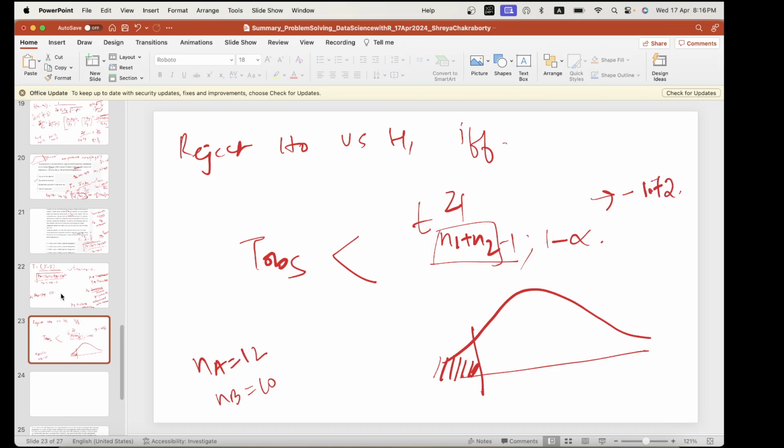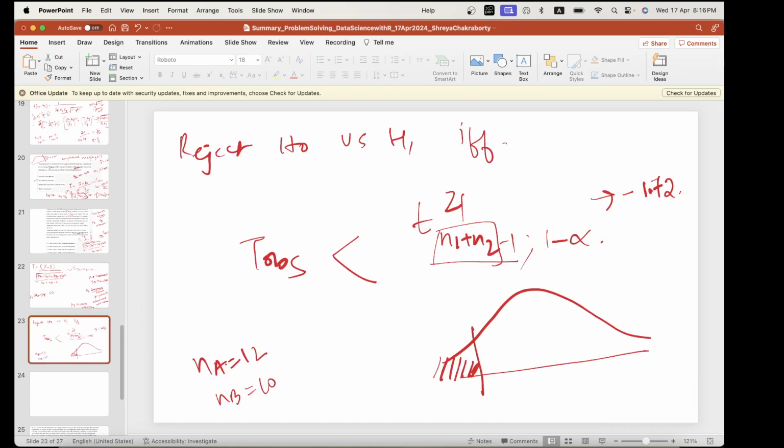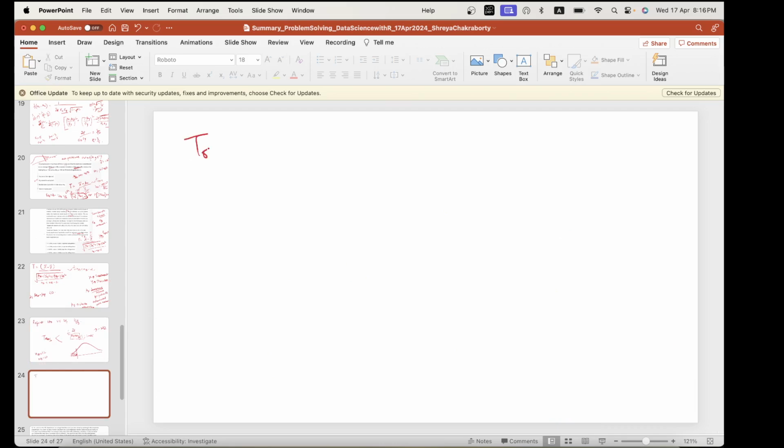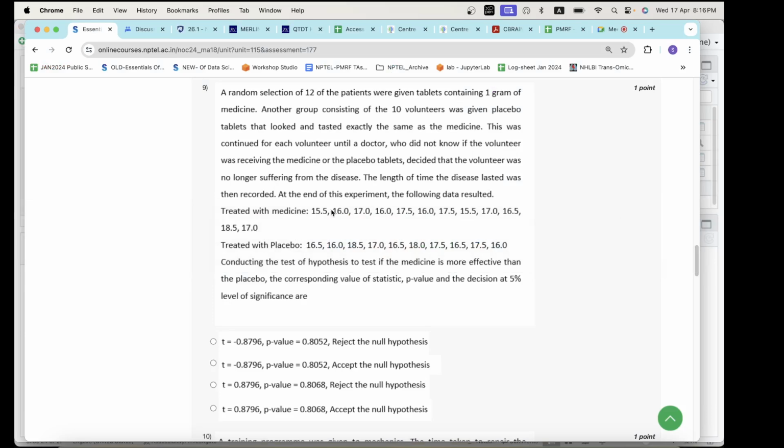And then if you calculate T observed, how much do you get your T observed to be? T observed is X bar. If you calculate, what is the average treatment with medicine? Do you remember? Okay, this is X bar.